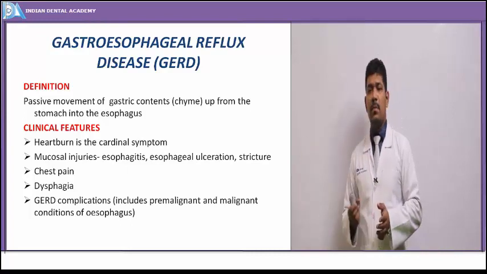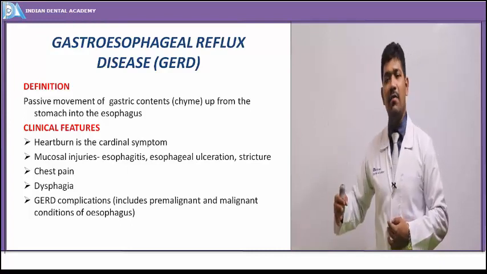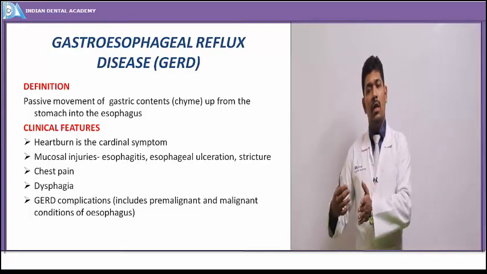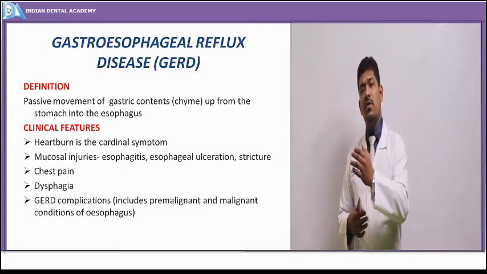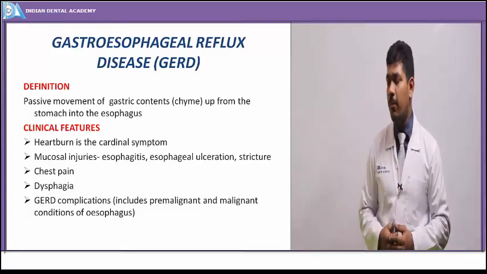Now because of this heartburn there is a referred pain which is commonly seen, and because of that heartburn we have chest pain, and because the esophagus and the food tract is partially or completely damaged because of the acid content, we have dysphagia, which is also called difficulty in intake of food.